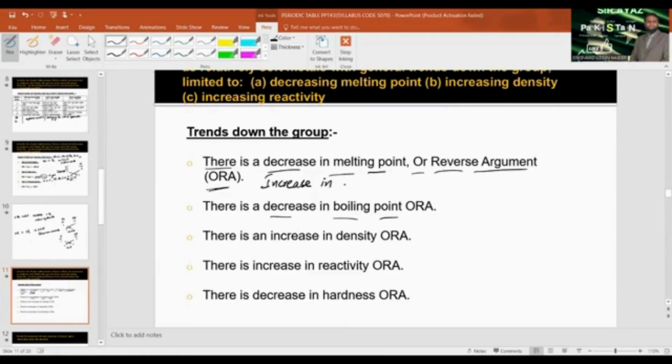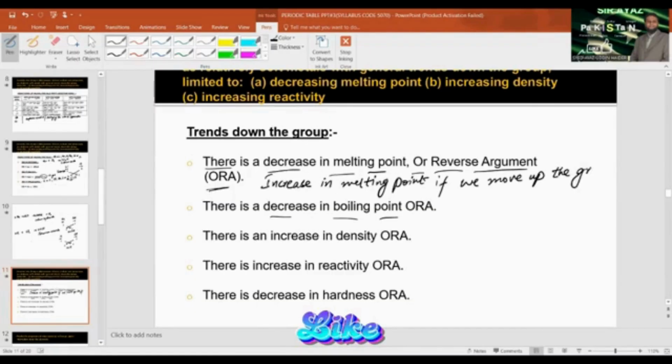Increase in melting point if we move up the group. Now the other trends: there's an increase in density down the group. There's increase in reactivity down the group.